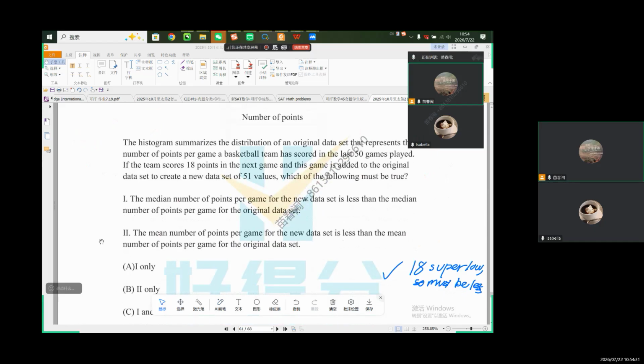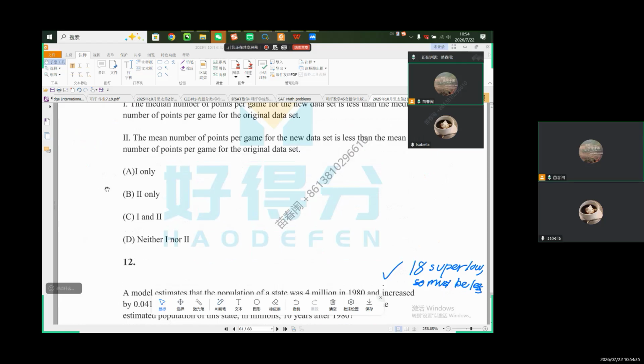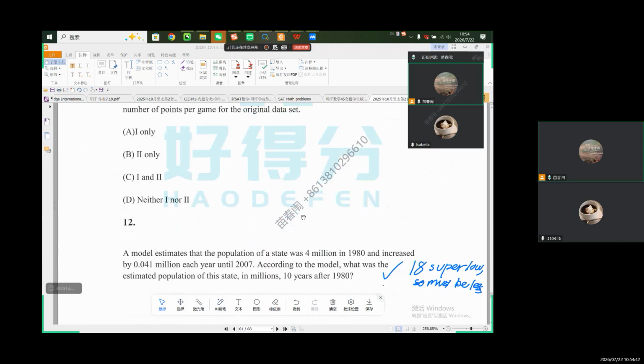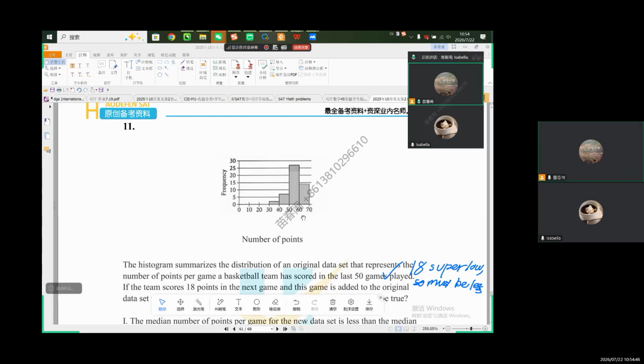Well, maybe we shouldn't care about the mean that much sometimes. So I guess we can choose B, right? Yeah, only B can be sure. You have to be careful, the median is always a little bit tricky. The mean has a very direct formula, but the median doesn't really have a formula.